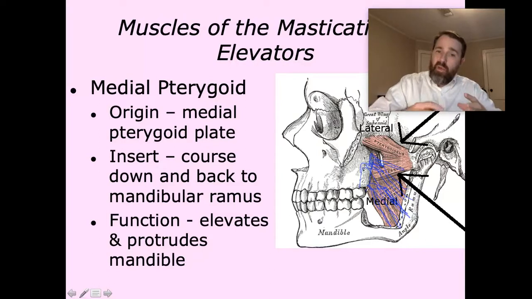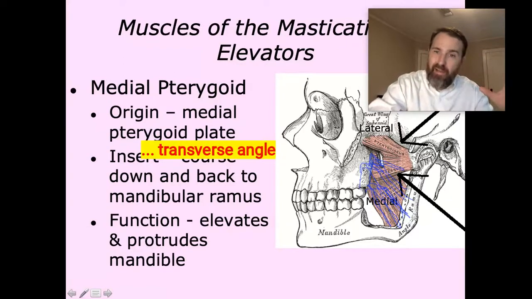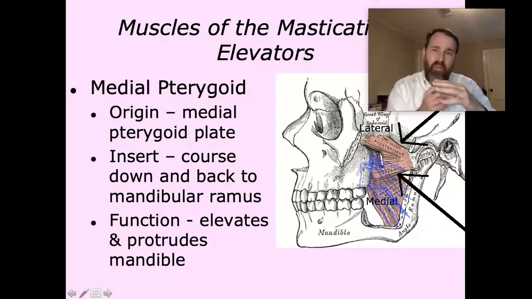So the medial pterygoid is going to act more as an elevator of the mandible, but it also can work on some level to assist in protrusion of the mandible, because it does have this sort of posterior to anterior angle. So lateral pterygoid is more about pure protrusion of the mandible. Medial pterygoid is about elevation and protrusion of the mandible.